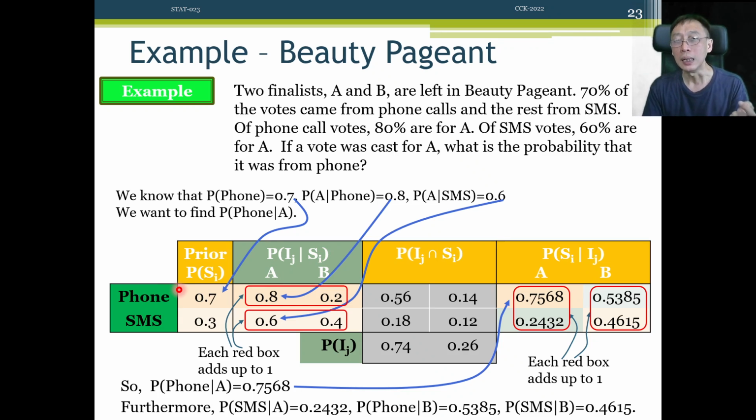So here is one example where the consultant, somebody out there, is saying something, but it is not saying S1 nor S2. It is saying voting for A, voting for finalist B. So it's the consultant saying something about the event that the vote comes in to support A or support B.